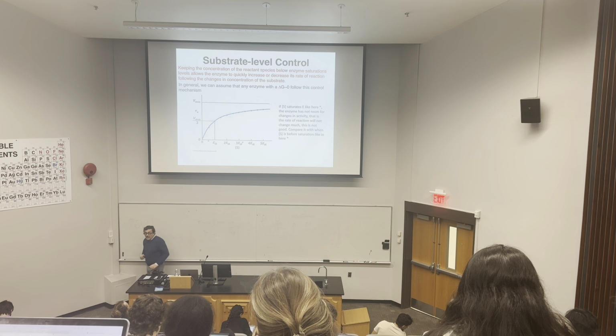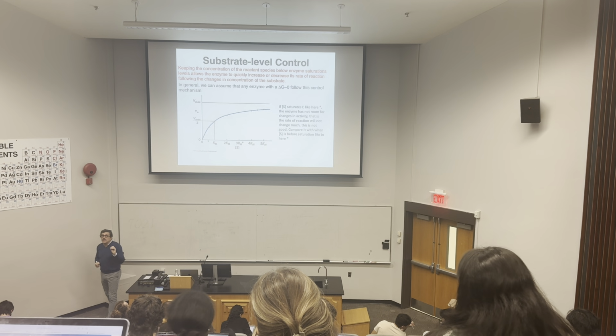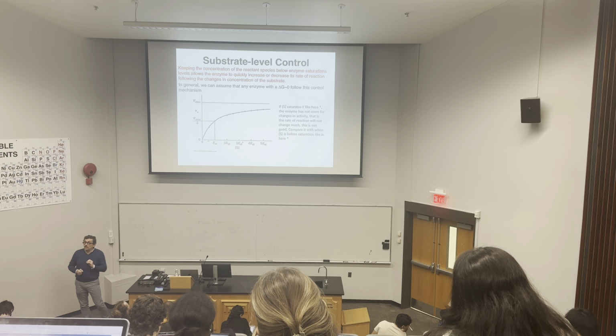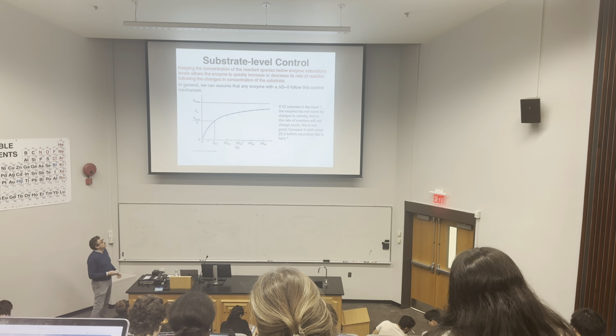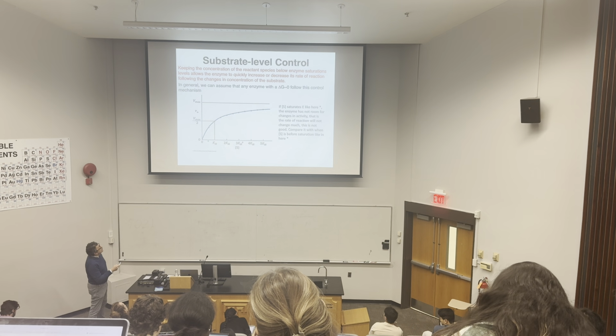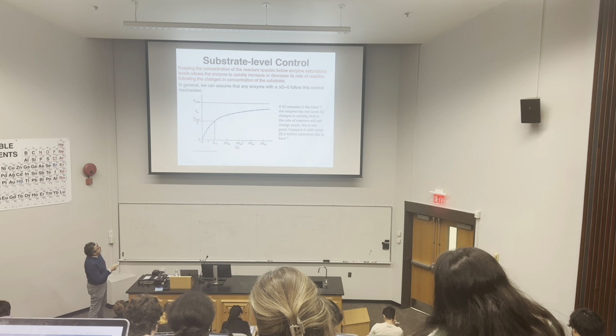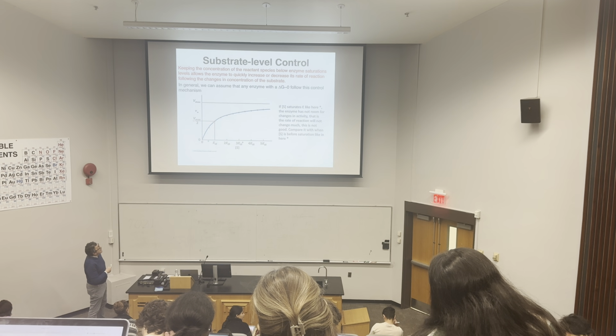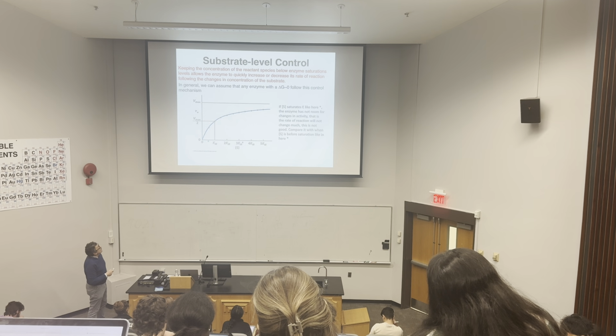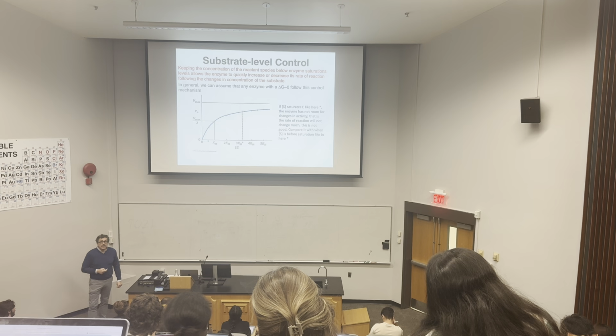So let's try to visualize substrate level control with a chart, because I think it's probably the easiest way. Here we have the concentration of the substrate, which could be expressed in terms of times Km. You remember Km identifies half of Vmax, and imagine that we have a situation like this.